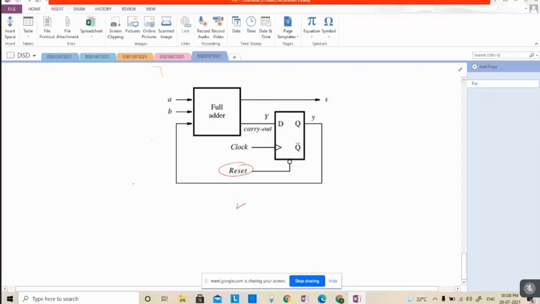So reset, clock signals. This is carry out. So sum here and carry here.